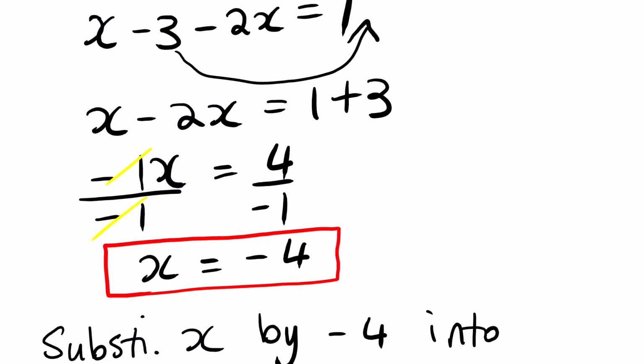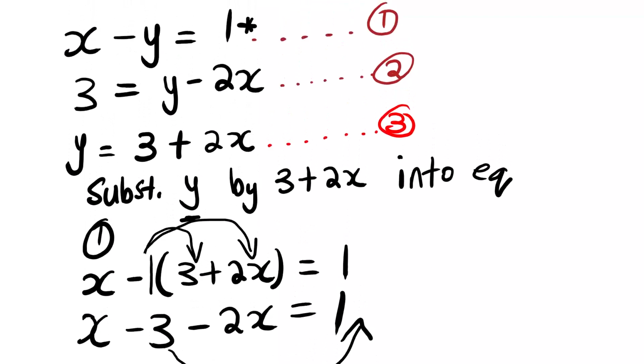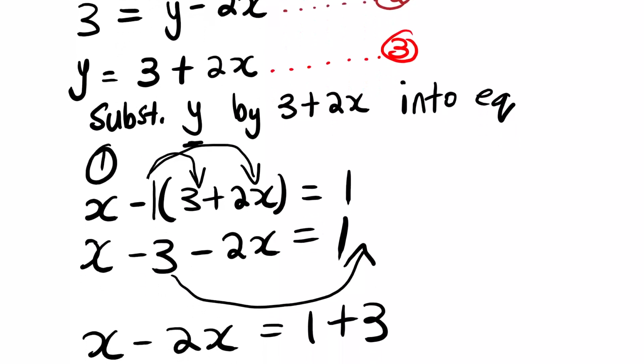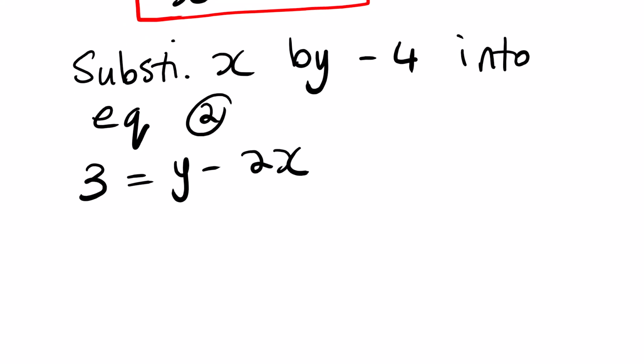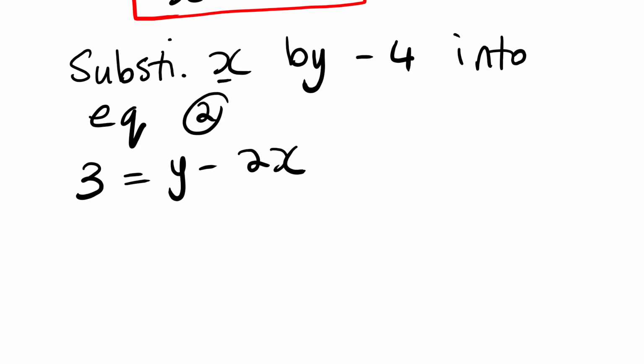Now let us quickly go back and see our equation 2. Equation 2 is 3 equals to y minus 2x. So we have 3 equals to y minus 2x, and then where we see x, we substitute by negative 4. So we have 3 is equals to y minus 2 negative 4.